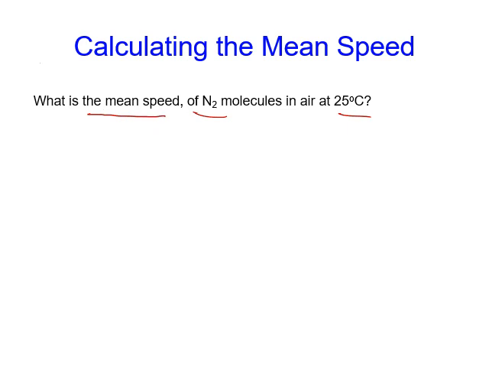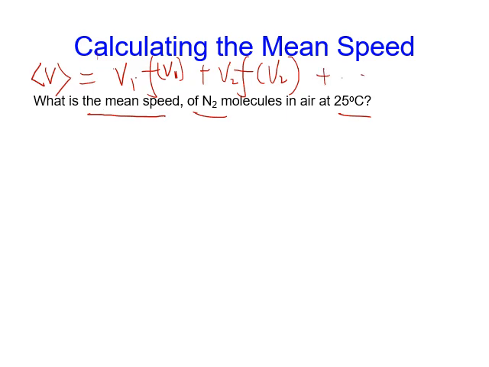To calculate the mean speed, we use the equation we just derived: the individual speed times the fraction of molecules that have this individual speed. You add all the possible individual speeds times the fraction, all together.